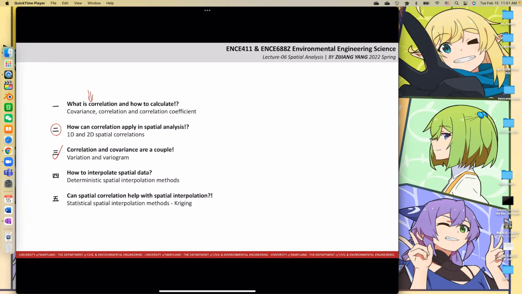Then I will jump to how to interpolate the spatial data, especially focusing on the deterministic spatial interpolation method. And then I will talk about the statistical spatial interpolation methods that use the correlation and covariance that have been constructed.